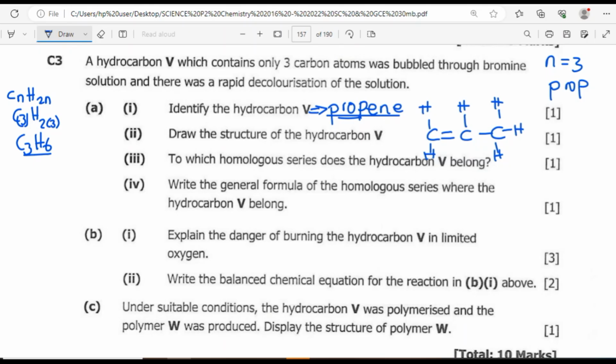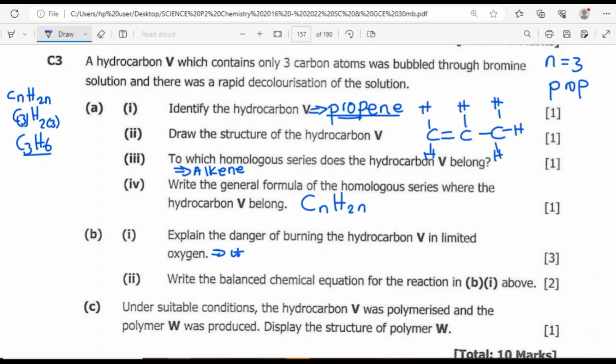Then to which homologous series does the hydrocarbon V belong? Since there is a double bond, it is an alkene. Write the general formula of the homologous series where the hydrocarbon V belongs. It is CnH2n, like this. Then B1, explain the danger of burning the hydrocarbon V in limited oxygen.